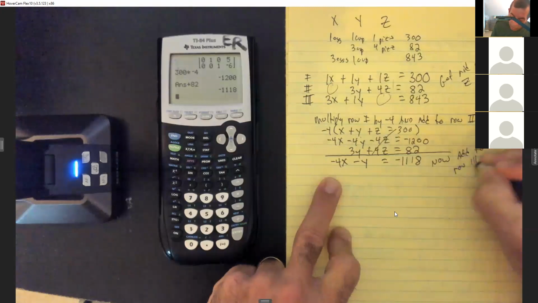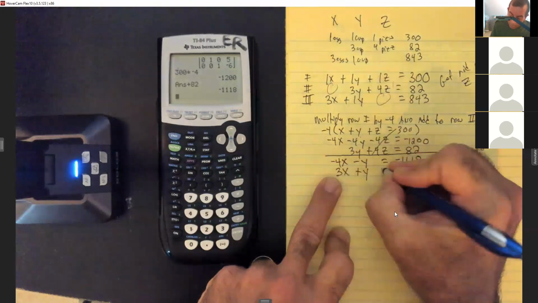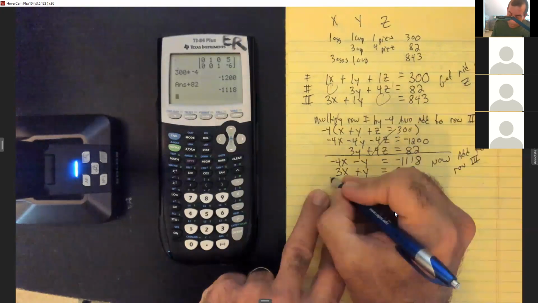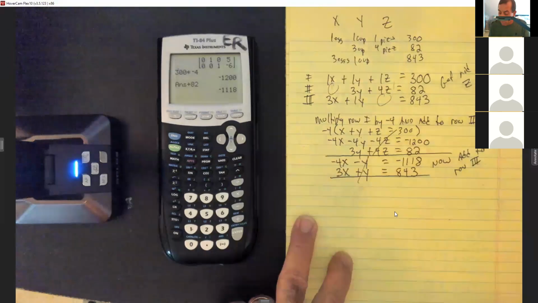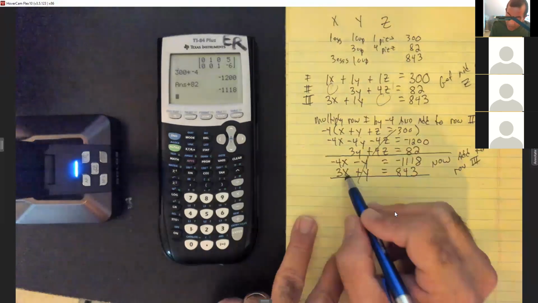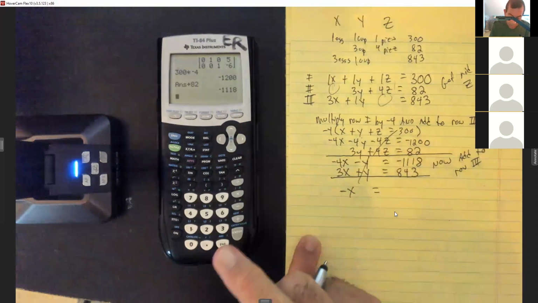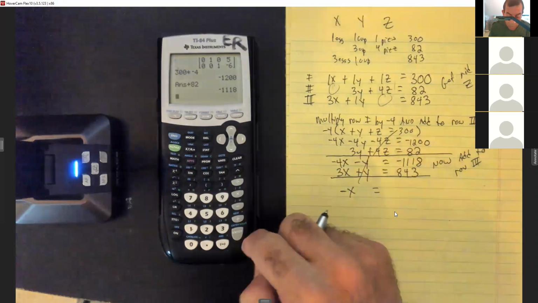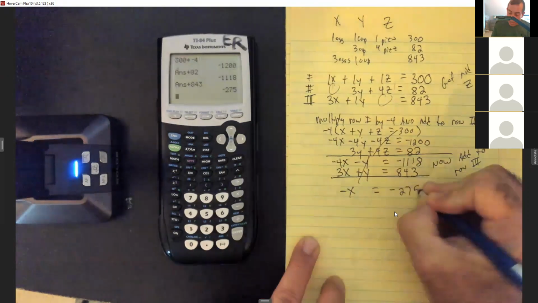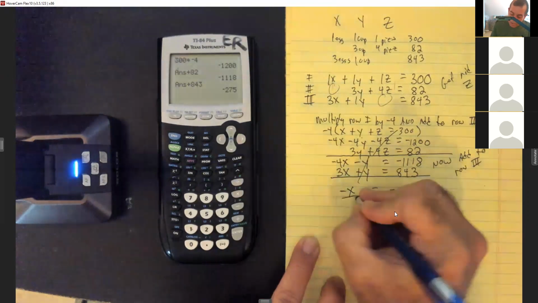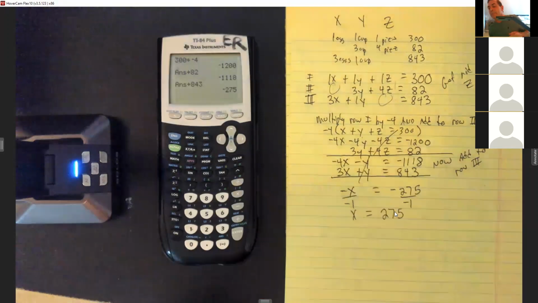So bring row 3 right under here. Okay, because they both had X's and Y's. So notice the Y's cancel. Negative 4X and 3X leaves you a negative X equal to negative 1118 plus 843 is going to give me negative 275. But remember, I got to divide by negative 1 and make that a positive 275.